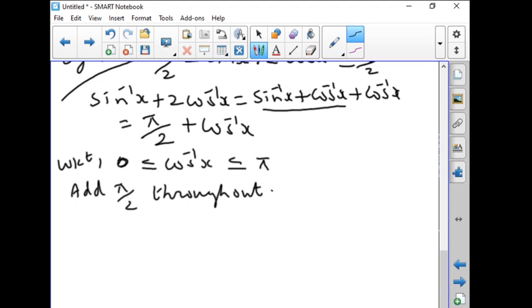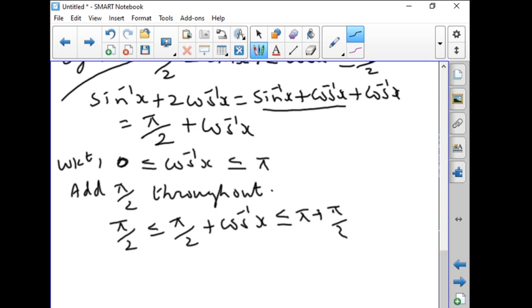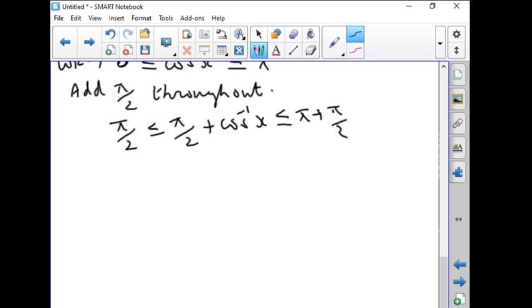So what you get, 0 plus pi by 2 is pi by 2, less than or equal to pi by 2 plus cos inverse of x less than or equal to pi plus pi by 2.